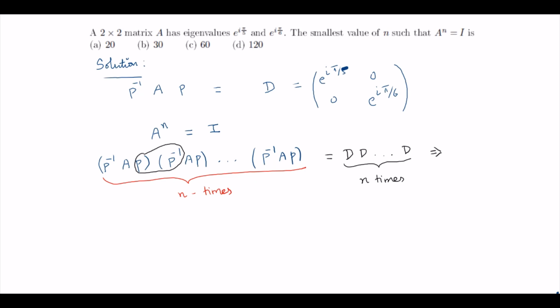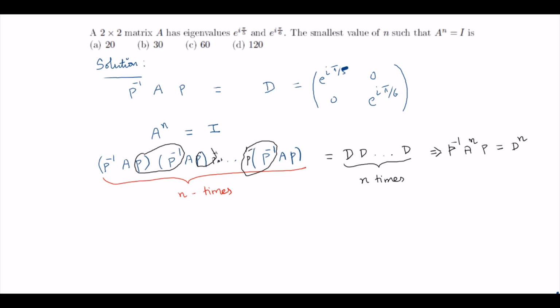The next, here I will get P inverse, right? A, P, like that. So this P also goes here. Like that here I will get a P. So this P inverse also goes here. So at last what you will get is P inverse A power n P, that is equal to D power n.